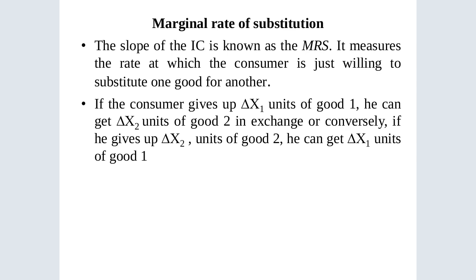Then we said that the slope of the budget line simply represents the opportunity cost of consuming one good or the second one, which means that in order to consume more of good one, you have to give up some consumption of good two.